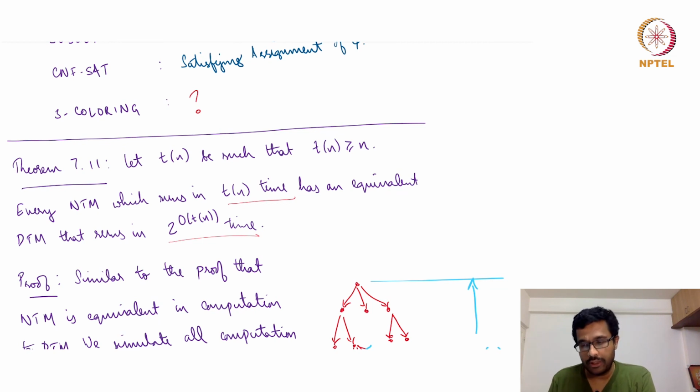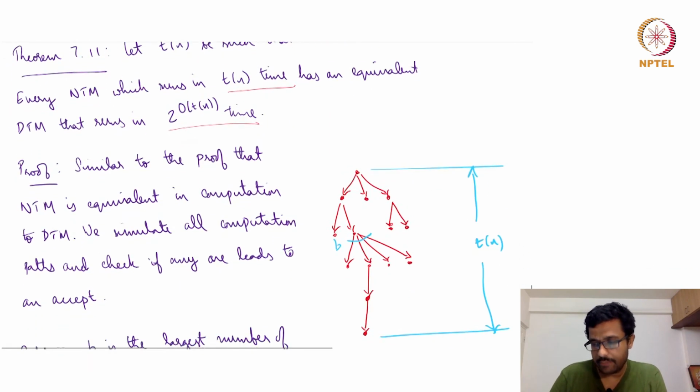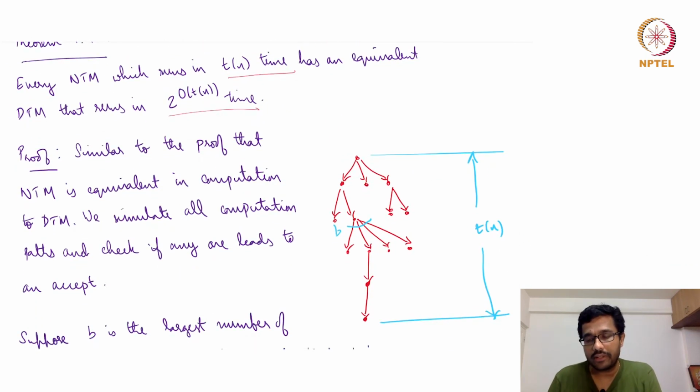Maybe I shouldn't say only, because the blow up is huge. If there is a non-deterministic Turing machine that runs in order n time, the equivalent Turing machine constructed using this procedure runs in 2 power order n time. In specific cases you may be able to find simpler algorithms, but this is a general proof, and it gives you a general bound which is very bad.